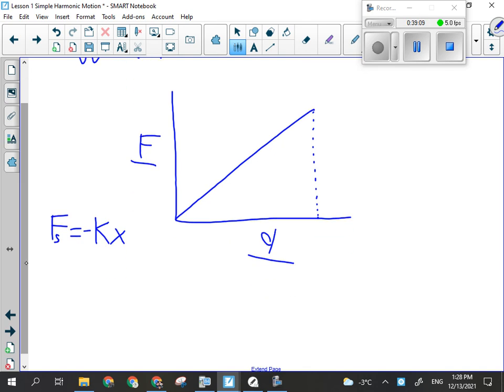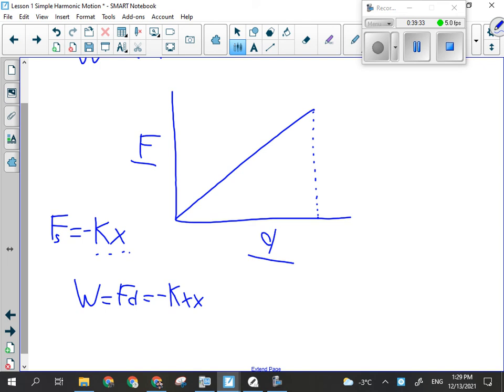Now, if I multiply that by displacement, I would get work. Agreed? This would be my restoring force, and if I multiply it by displacement again, I'd get the work. Work equals force times distance, which equals negative k times x times x.